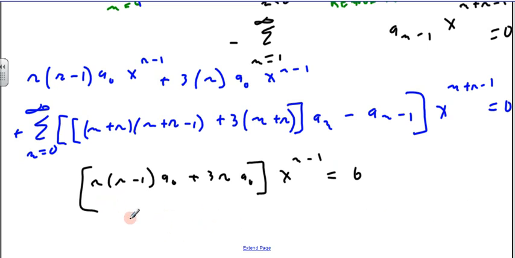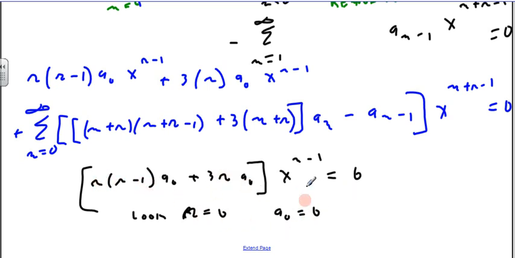So we look at r is equal to 0. When r is 0, a 0 has to be 0, because when r is 0, this is 0, that's 0, the whole thing is 0.